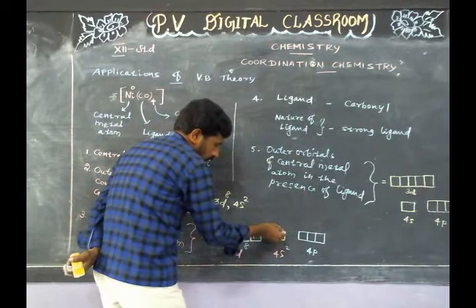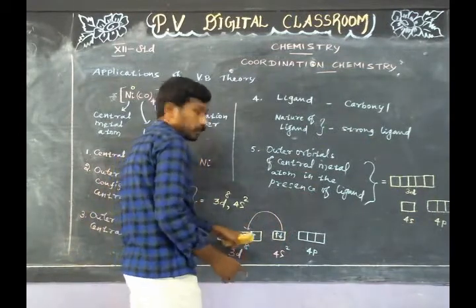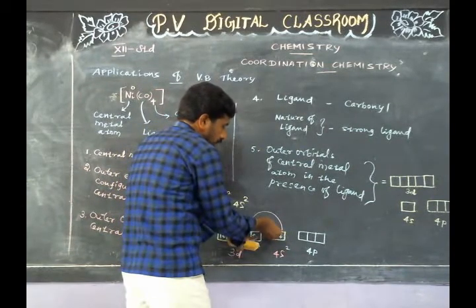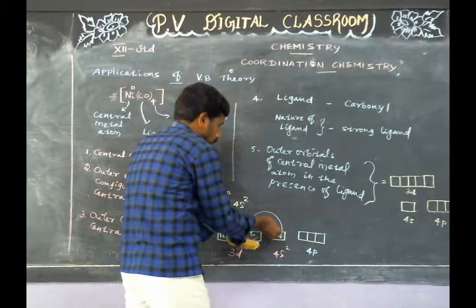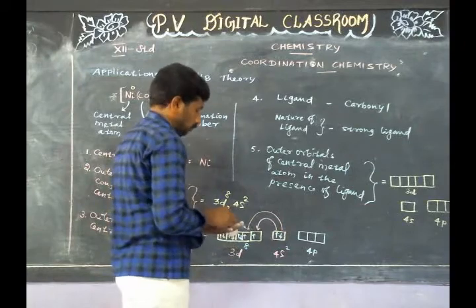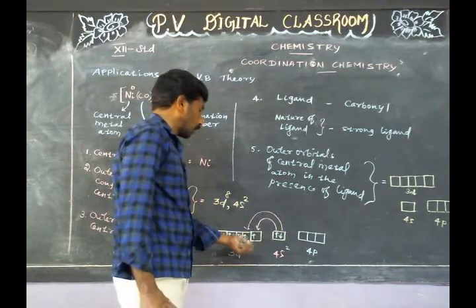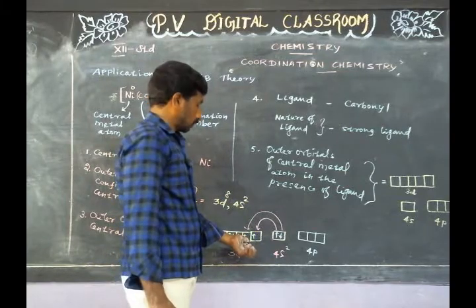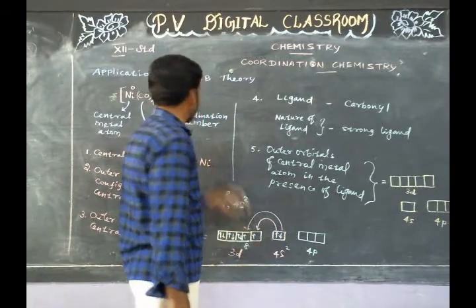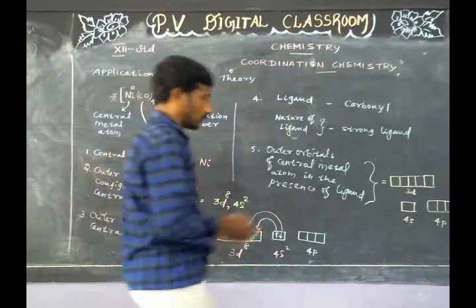This electron goes to this orbital. At the same time, this electron goes to this orbital. So these two unpaired electrons get paired due to the influence of the strong field ligand, namely carbonyl.